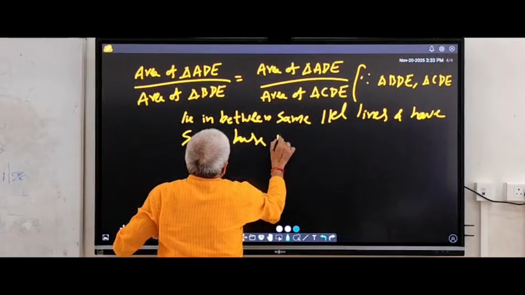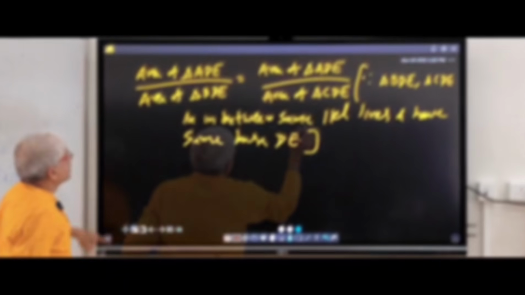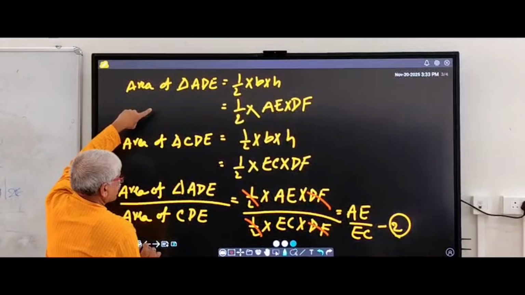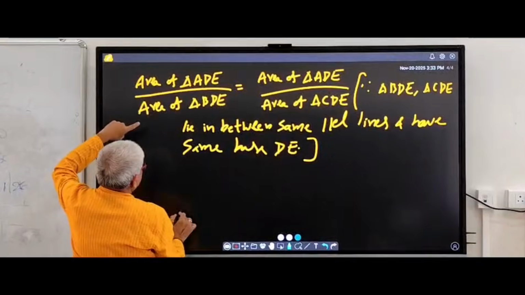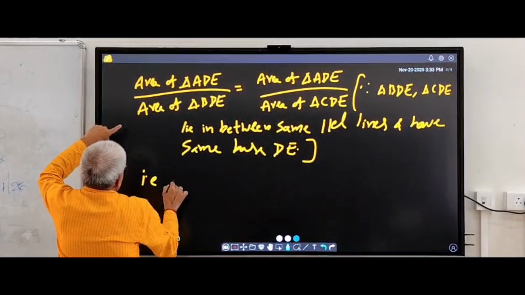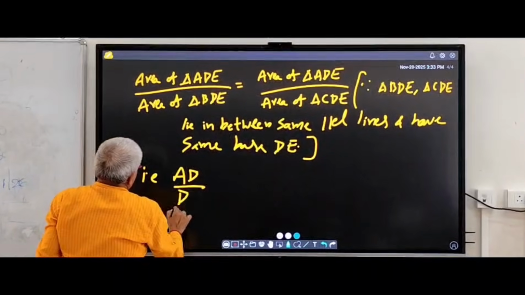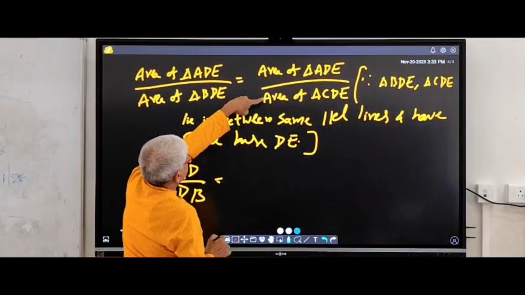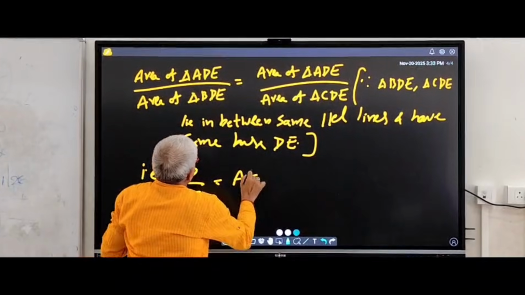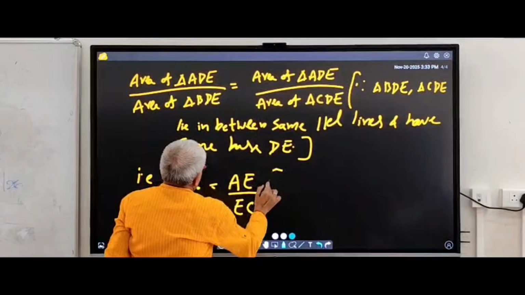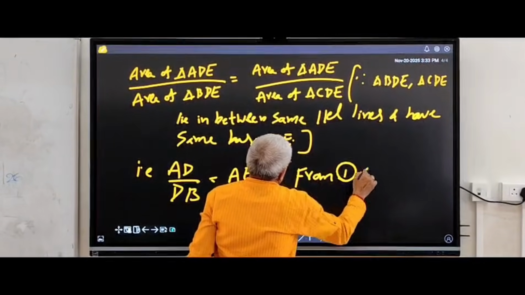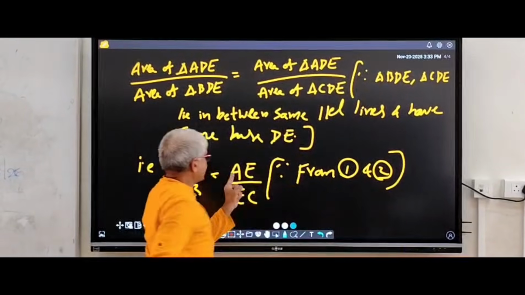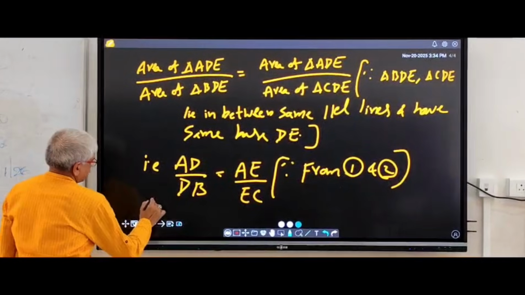DE. Therefore these two are equal. But what is this equal to? From equation 1, this is equal to AD by DB. So AD by DB is equal to, from equation 2, AE by EC. From equations 1 and 2, this is what we have to prove, hence the proof.